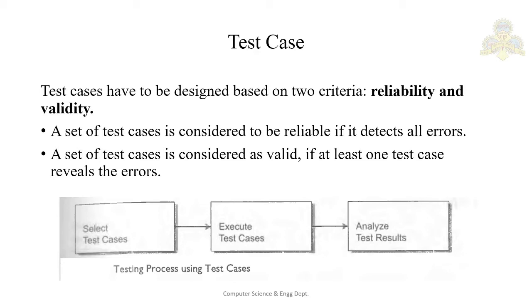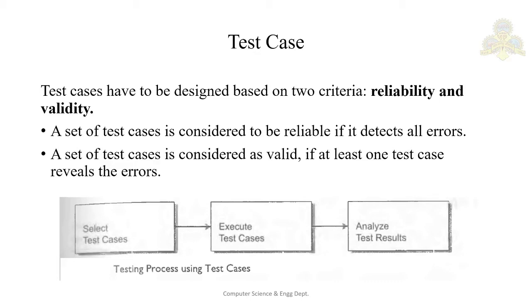The test cases have to be designed based on two criteria. It has to be reliable and it has to be valid. A set of test cases will be considered reliable if it detects all the errors in your project or the software. Then we'll check the validity.